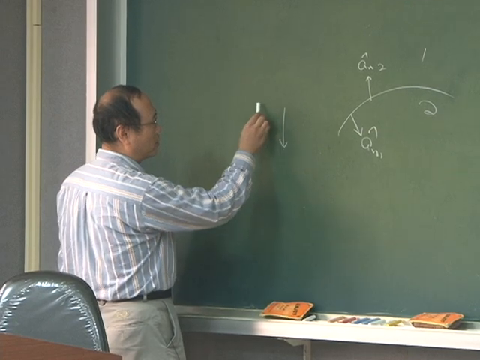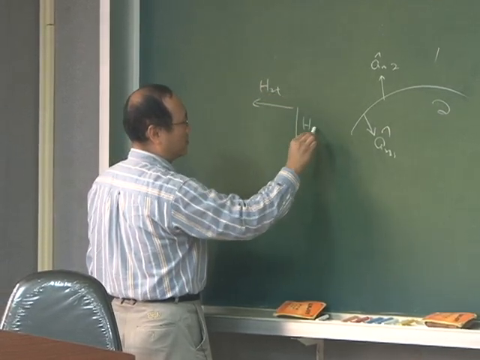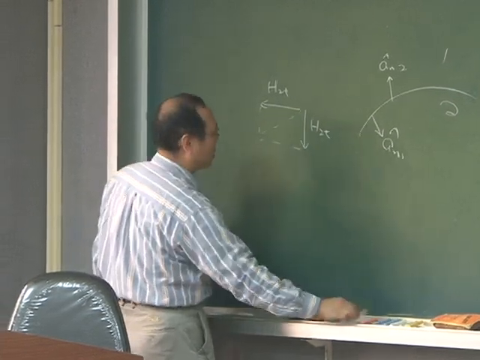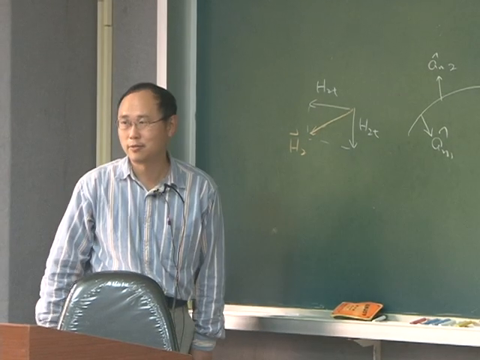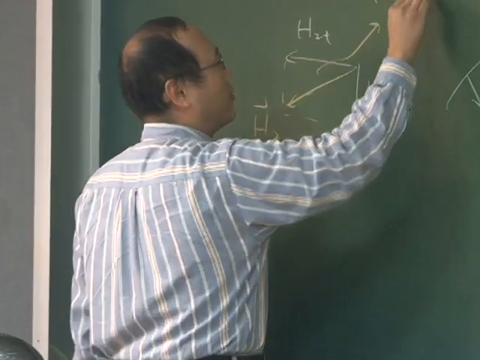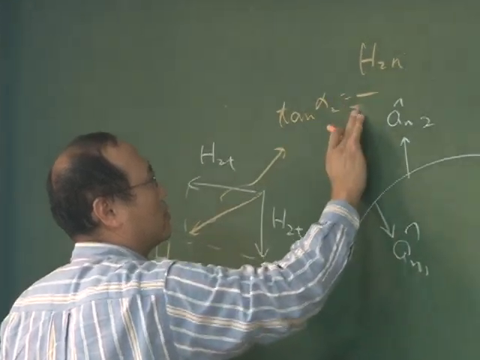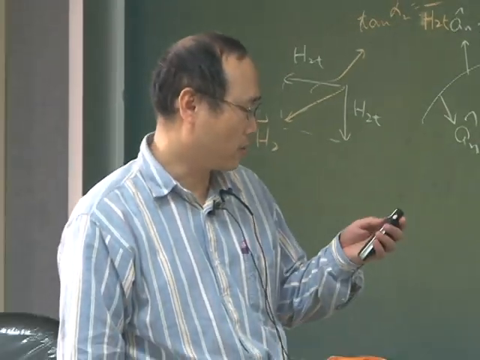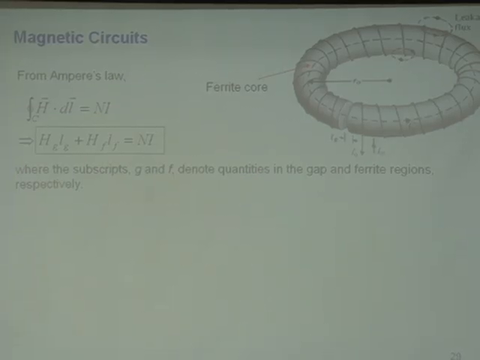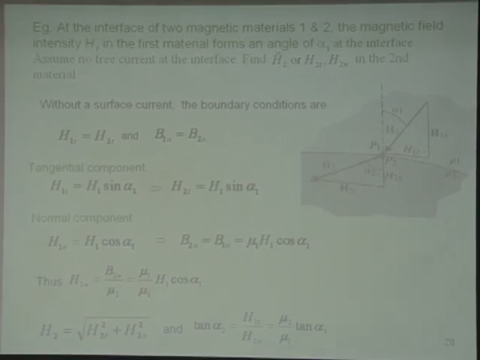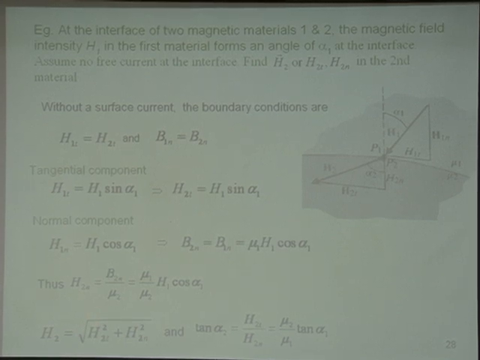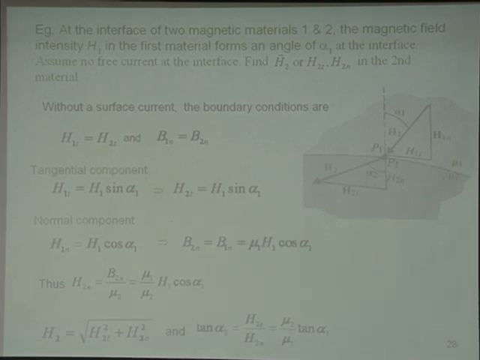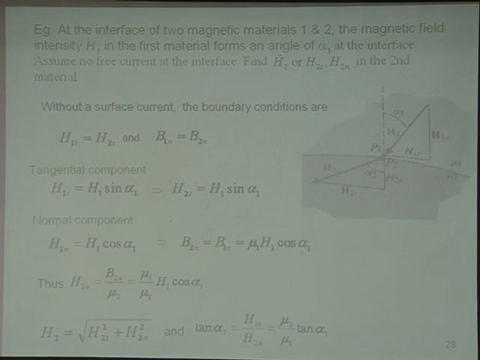So with the normal component and also the tangential component, then you can construct the H2, right? And this angle, tangent alpha 2, is basically equal to H2t over H2n. That's it. So easy. So you get everything. And the magnitude of H2 is the square root of the sum of the squares of these two components. OK. So these are the boundary conditions. Boundary conditions are very important when solving differential equations. Basically electromagnetics is described by differential equations, so boundary conditions will be used again and again when solving electromagnetics problems. Any question?